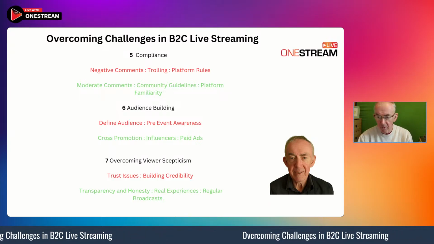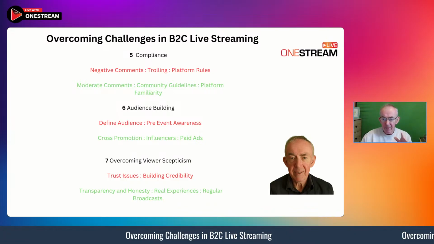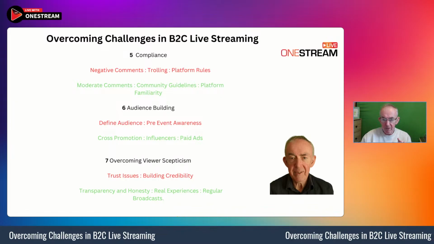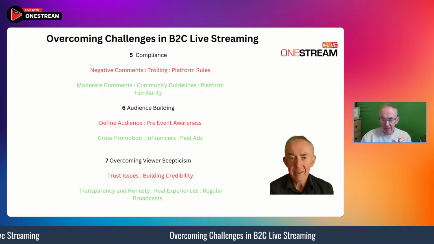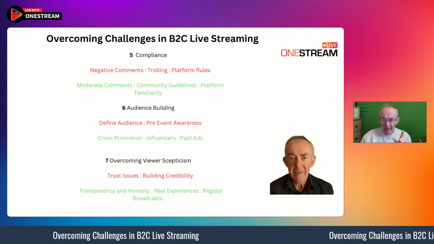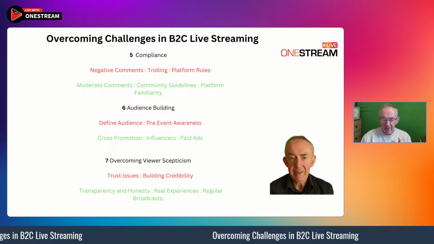So define your audience, decide what you're going to do. With the likes of OneStream Live, you can broadcast to several different places at the same time. So building an audience just got easier because you can broadcast to Facebook, to YouTube, to Twitch. And if you pay, you can broadcast to Twitter. You can broadcast to LinkedIn.